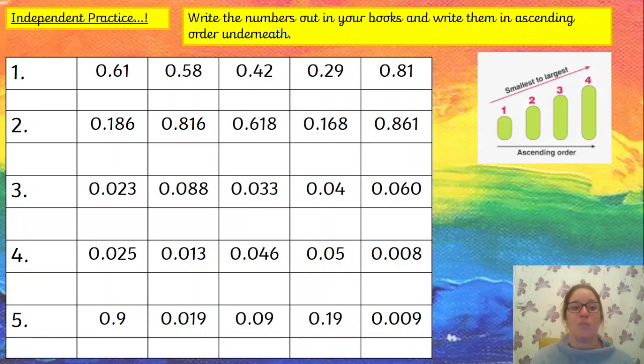Don't worry if you don't do all of them, but please do have a look at the answers to see how we've ordered them, so you do have that understanding. So pause the video, take your time with these, really look at the place value, and you can draw a place value grid on a scrap bit of paper or in your book if it helps you. Good luck, come back when you're ready.